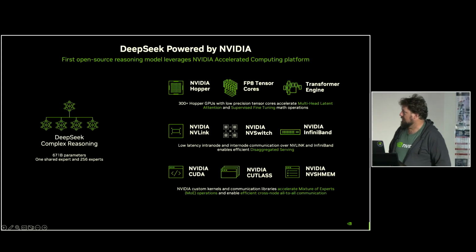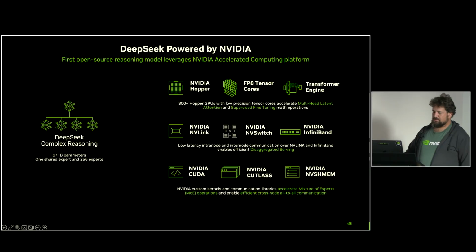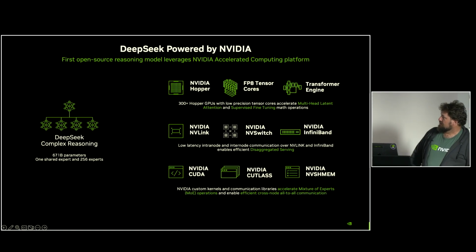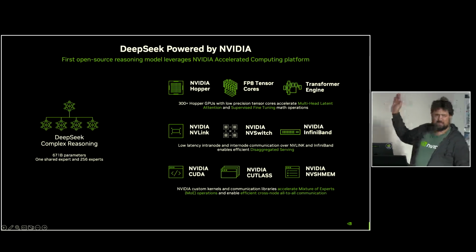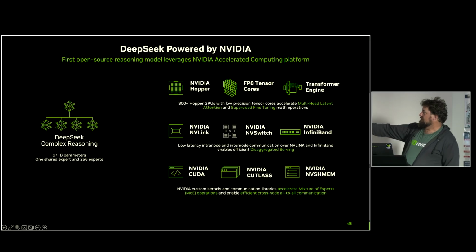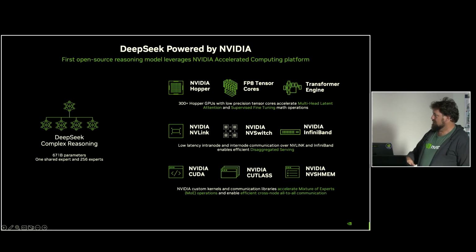But just to set the stage, DeepSeek, this was our big announcement when DeepSeek came about, right? An open source reasoning model leveraging our accelerated computing platform. Look here, we have Hopper, which was our flagship card at the time, FP8 tensor cores, these transformer engines, and on top, that was just the GPU itself. Underneath, we have things like our networking switches and our links between things and our own protocol across the wire.